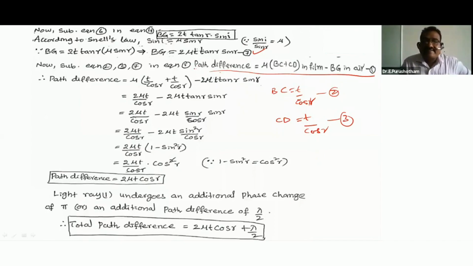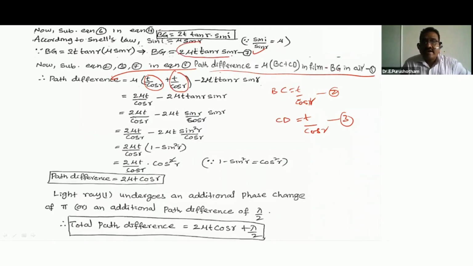So path difference is equal to mu as it is. BC we substitute as T by cos R, plus CD, T by cos R, minus BG. What is BG?